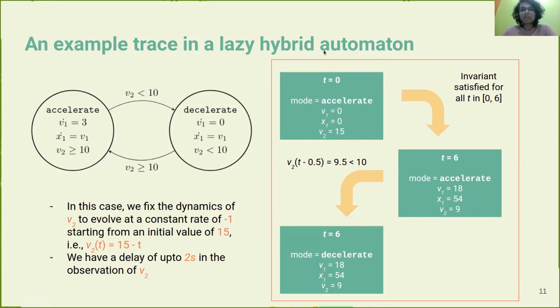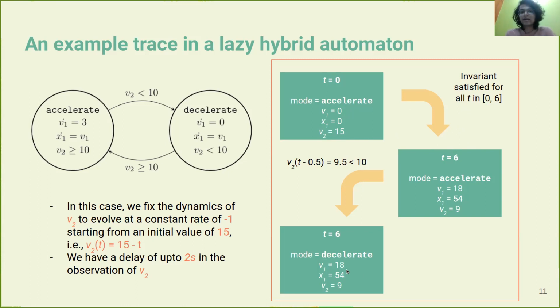Now, the orange car can continue to stay within the state accelerate until t equals 6, for example, because the invariant is satisfied for all t in the interval 0 to 6. Now notice in particular that after t equals 5, the velocity of the leading car V2 does indeed dip below 10. That is, starting from 5, it goes below 10.